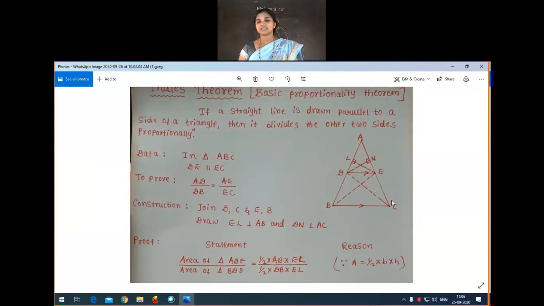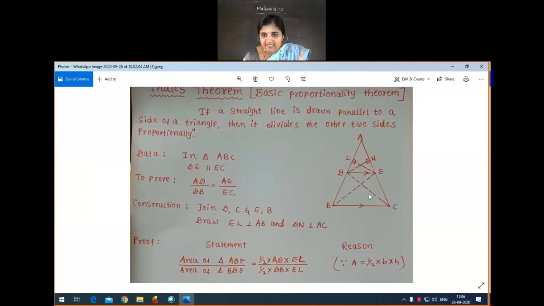We discussed that last year, and we have to use that concept in this theorem also. Keep it in your mind. So the triangles BDC and BCE are standing on the same base BC, between the same parallels DE and BC. Therefore the area of BCD is equal to the area of BCE. Is that clear?